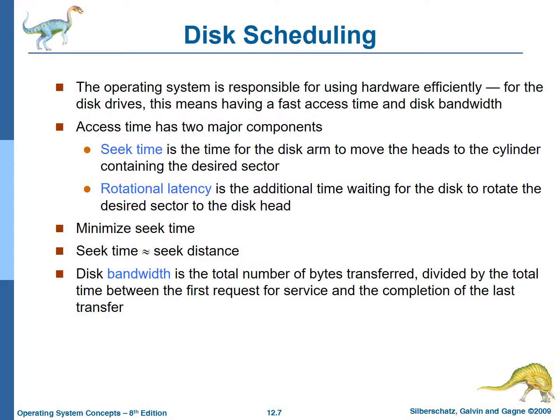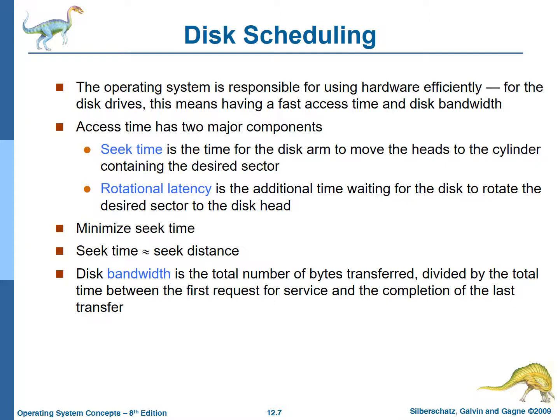Disk scheduling. The operating system is responsible for using hardware efficiently. For the disk drives, this means having a fast access time and disk bandwidth. Access time has two major components. Seek time is the time for the disk arm to move the heads to the cylinder containing the desired sector.